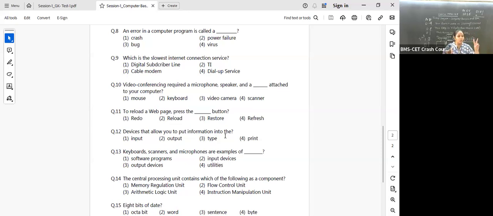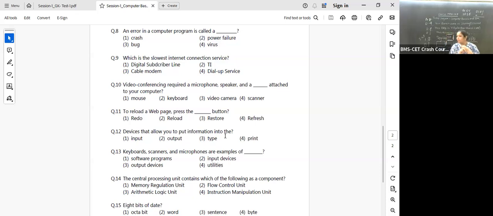Then hexadecimal had two ranges, 0 to 9 and A to F. Very good. Decimal is 0 to 9, hexadecimal is 0 to 9 and A to F, and binary. Why is it called binary? 0 and 1. Two values, either 0 or 1.